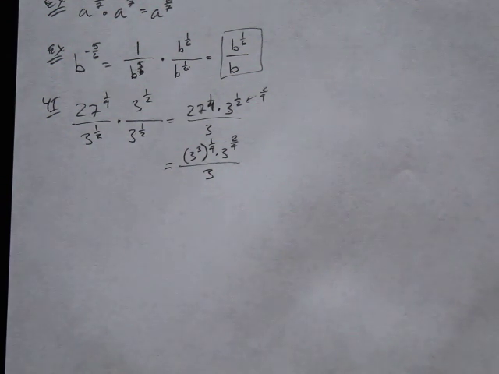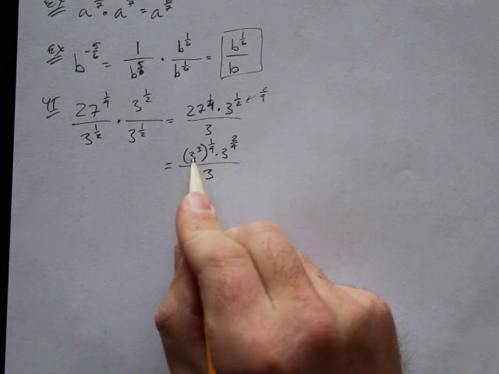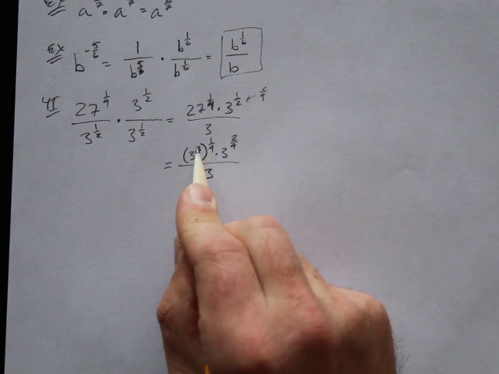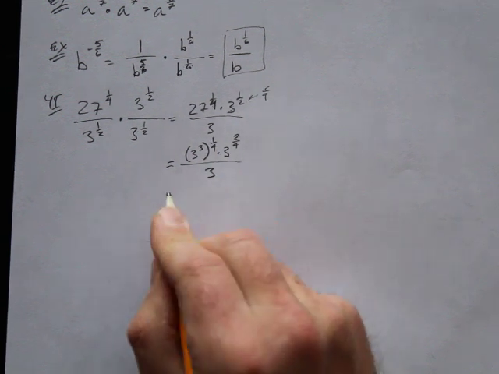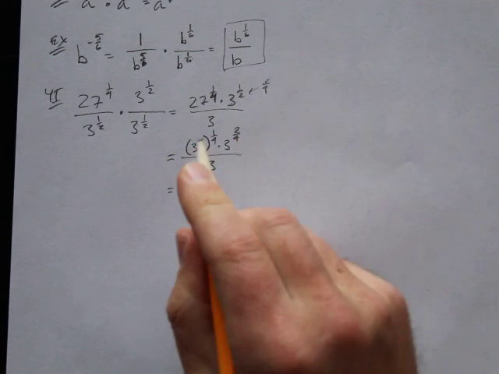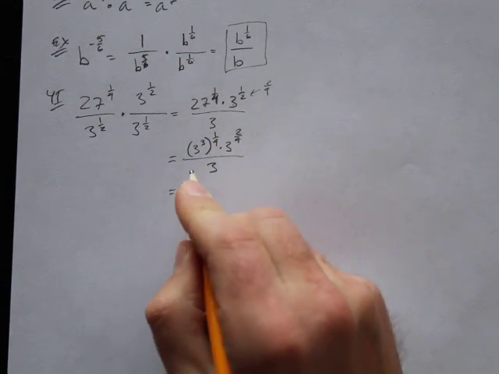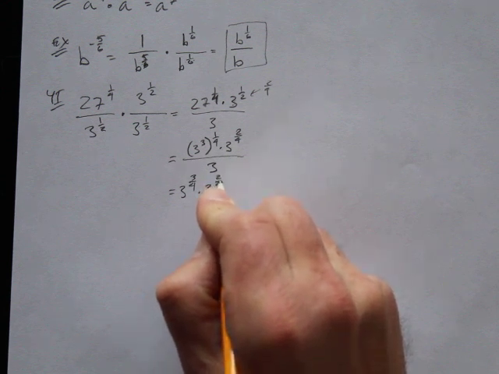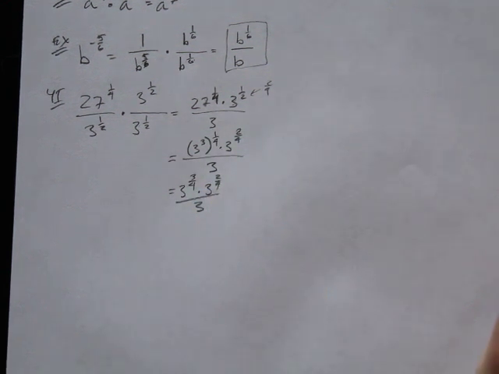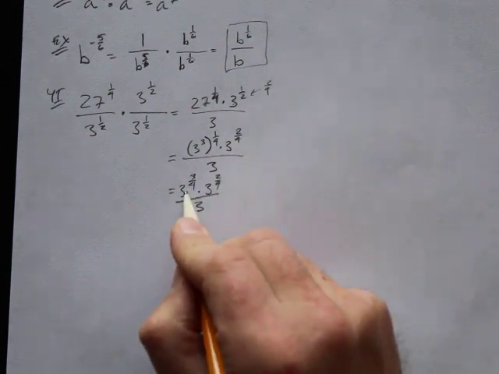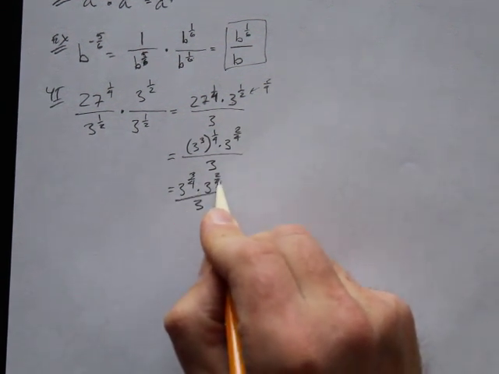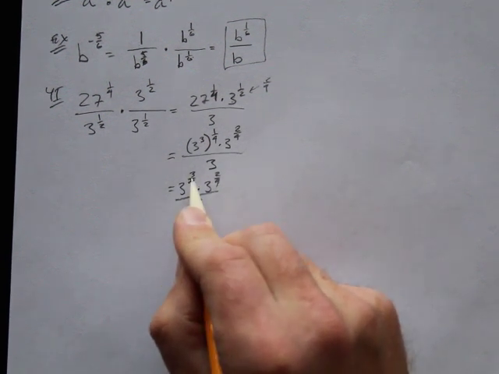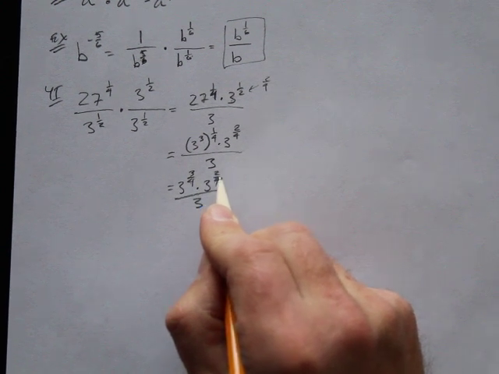Whew. Now, I'm almost ready for these bases to be the same. See, now 3 times 1/4 is how I simplify this here. So 3 times 1/4 is 3 to the 3/4 power times 3 to the 2/4 power over 3. Now that I have the same base and the same common denominator, I can just multiply these together, and when I do that, I add the exponents.